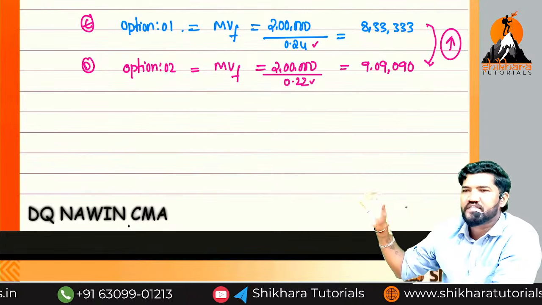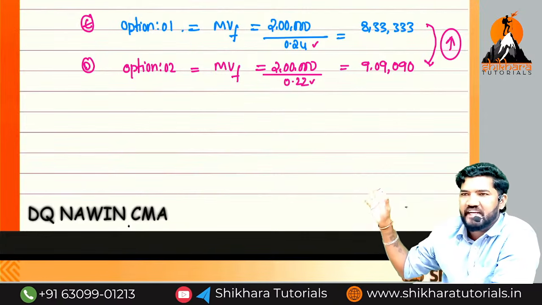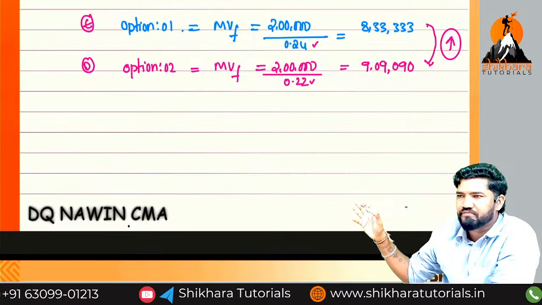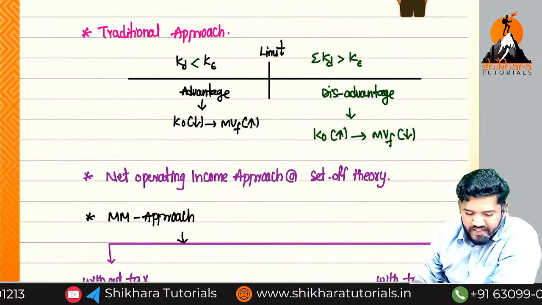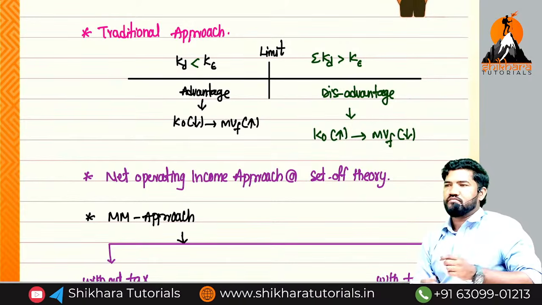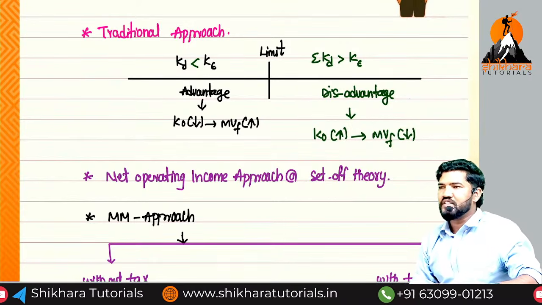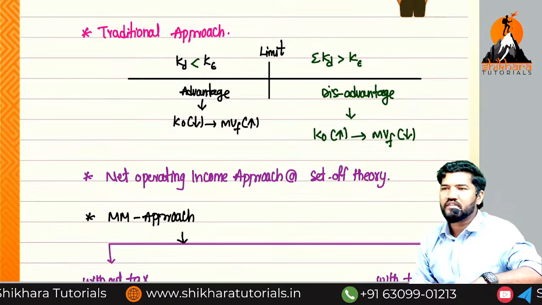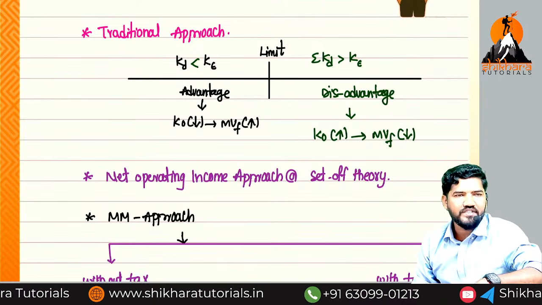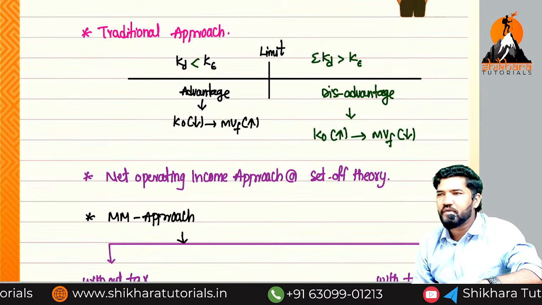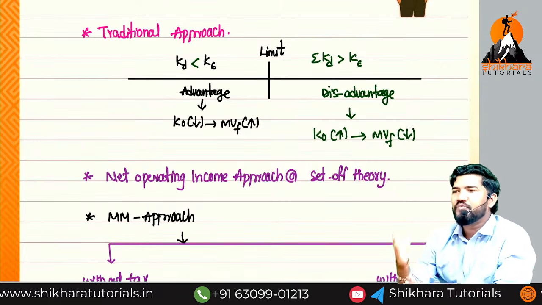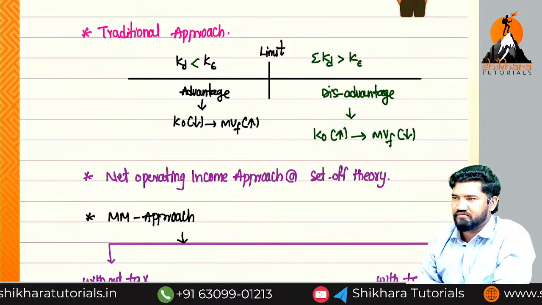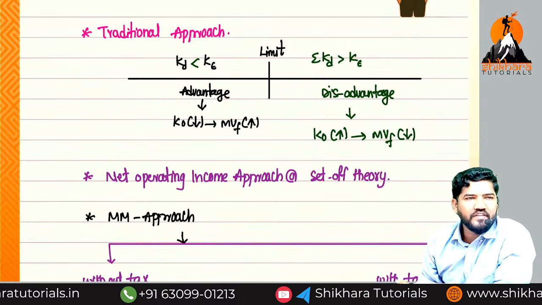So first, do you understand this net income approach, the calculation part? Clear? Now there is a concept called the traditional approach. This traditional approach also says that if capital structure changes, market value of the firm changes. It says that up to a limit everything is good.